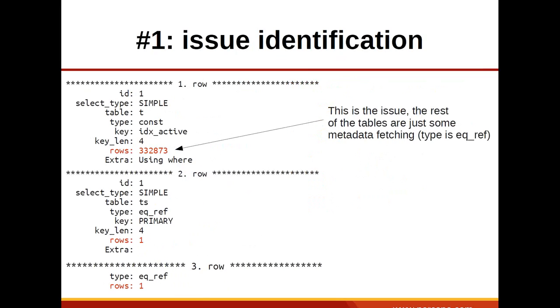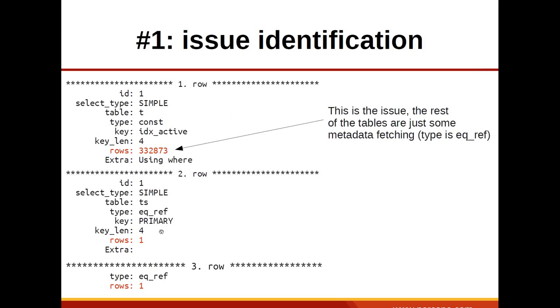So let's see the explain output for the query. This is an explain output. I just ripped off the columns from the explain table which we don't need right now.